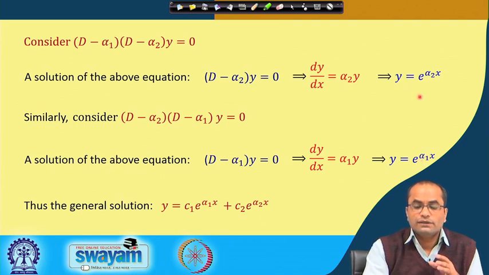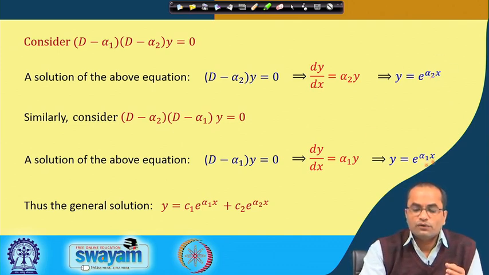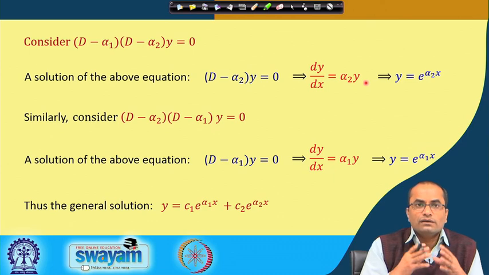If alpha 1 and alpha 2 are the same value, it is a repeated root, then we are not forming two linearly independent solutions in this way. So, there should be another way to compute the general solution when we have the repeated roots.